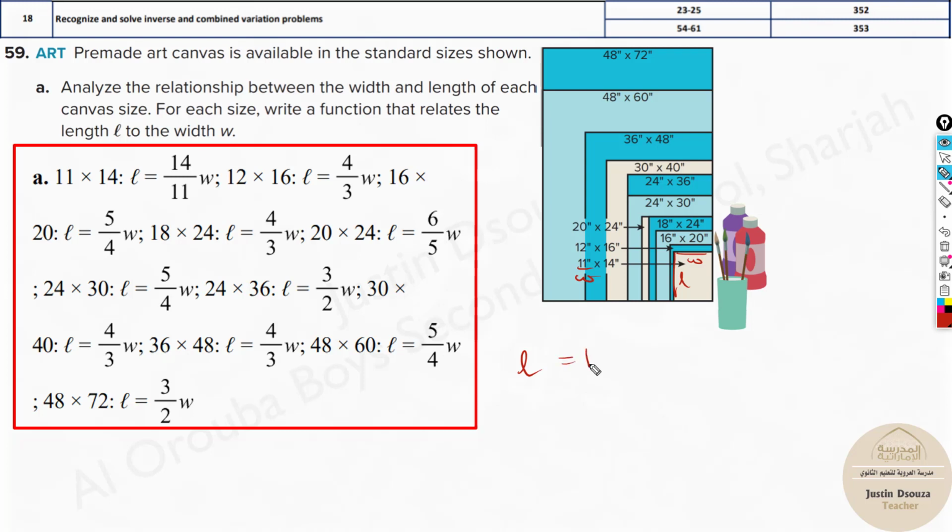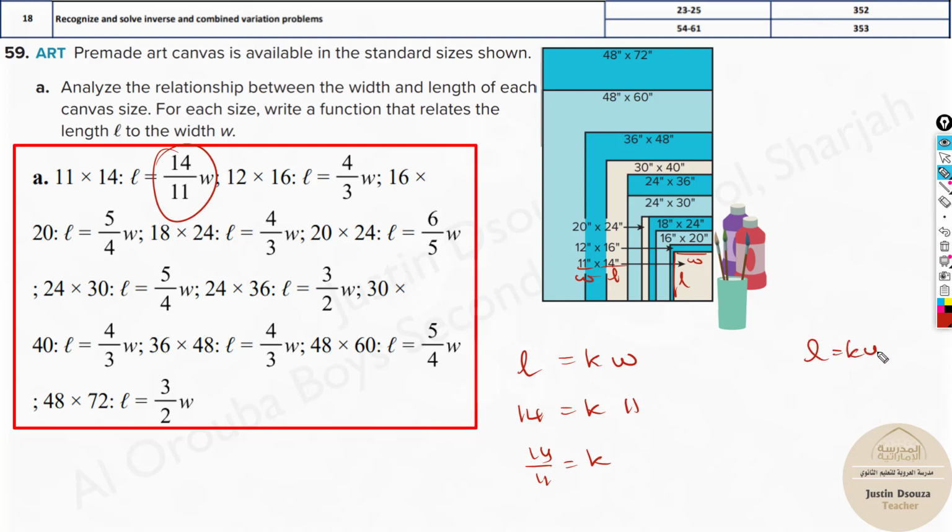So length is equal to k times width. But be careful, what is width and what is length? Now let's substitute over here. Length is 14, that is equal to k. What is width? 11. So we just substitute over here. The relationship they have asked is this. Take the 11 to the other side, it will be 14 by 11 is equal to k. So substitute this as the k value.